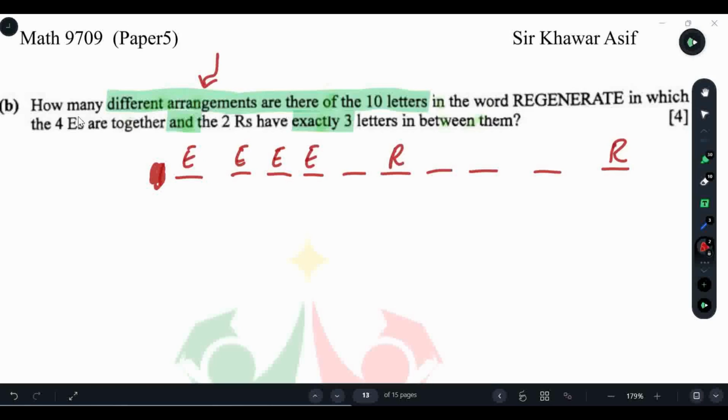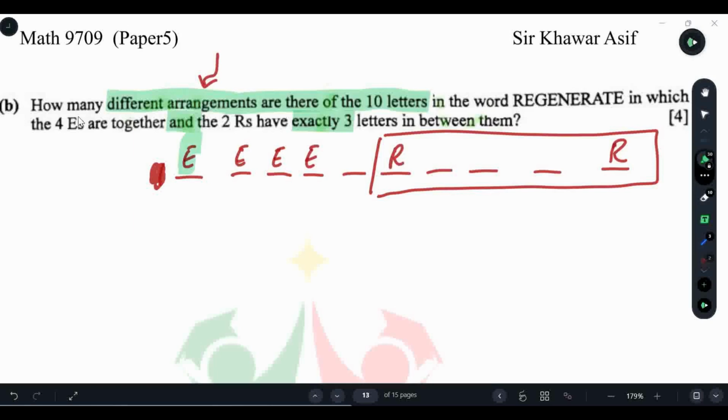Now this is the condition basically. First of all, let's find out for this portion. We have 3 spaces, and we know that the 4 E's are already selected, and then the 2 R's are also selected.